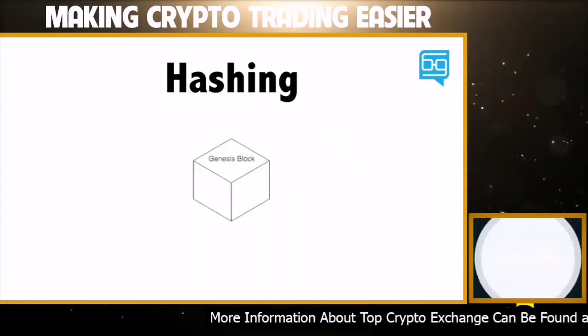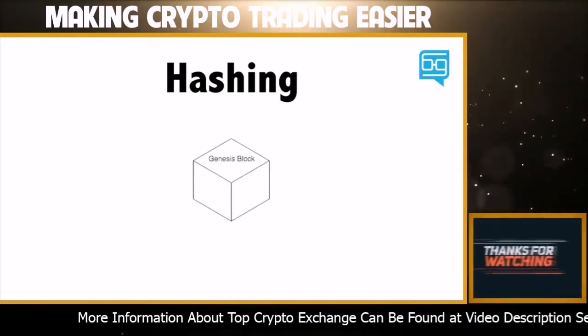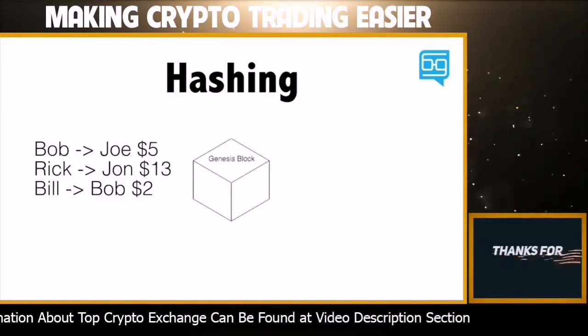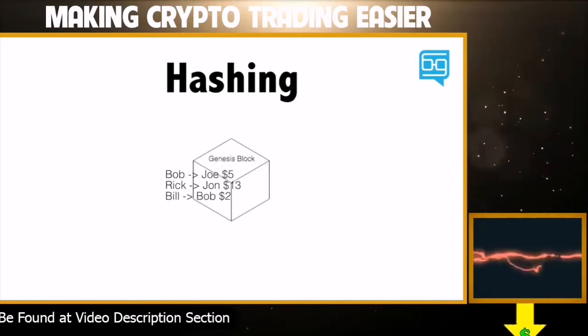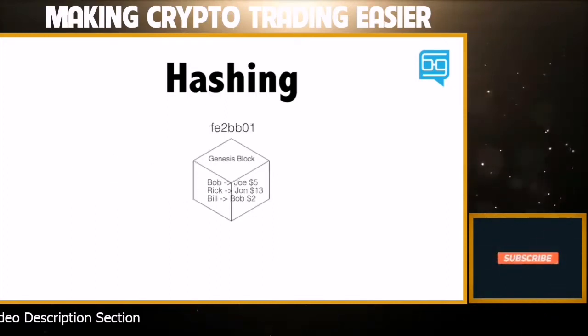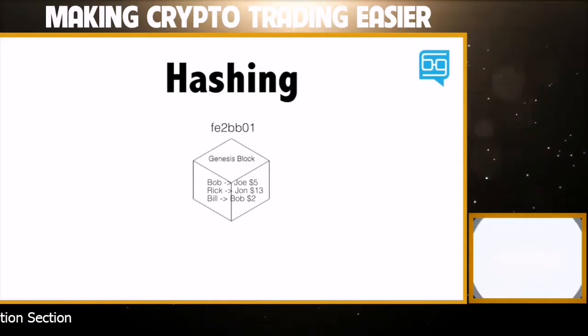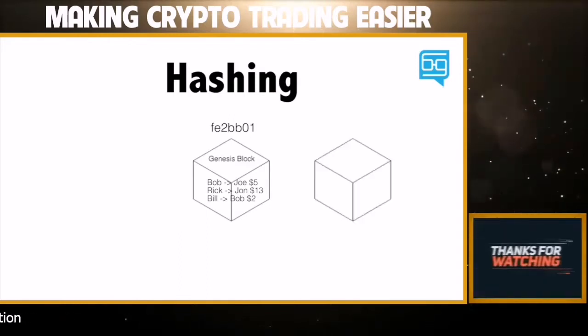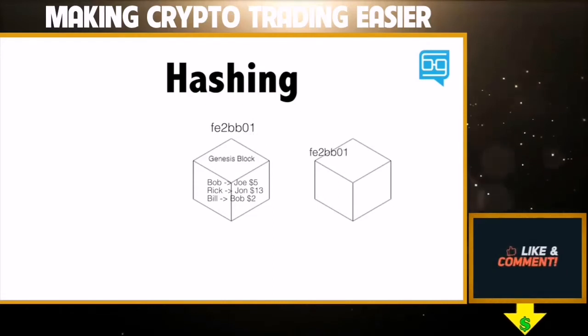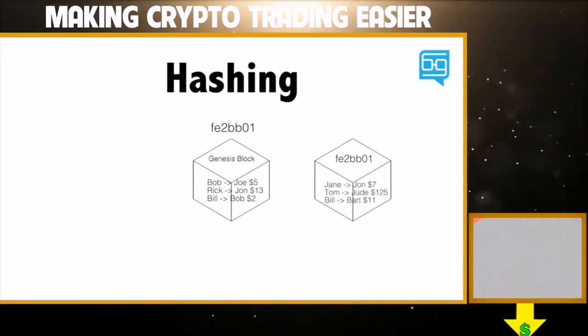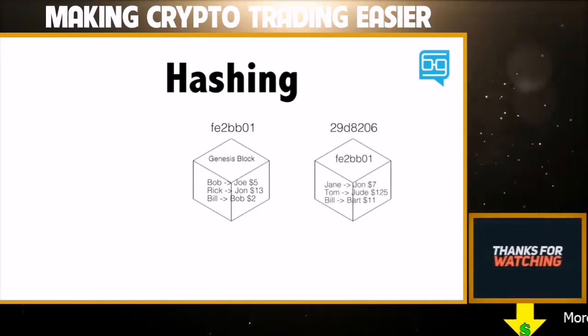But how are these hashes actually calculated? The first hash is calculated for the first block, or the genesis block, using the transactions inside that block. The sequence of initial transactions is used to calculate a block hash for the genesis block. For every new block that is generated afterwards, the previous block's hash is also used, as well as its own transactions, as input to determine its block hash.